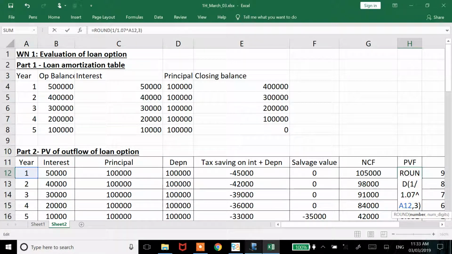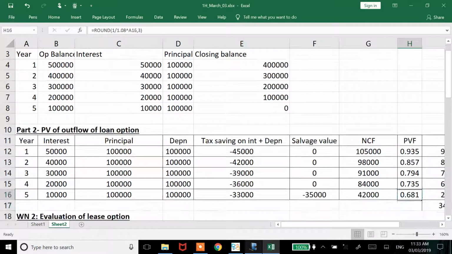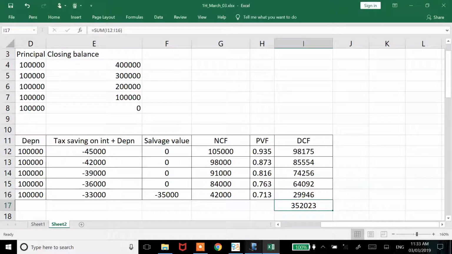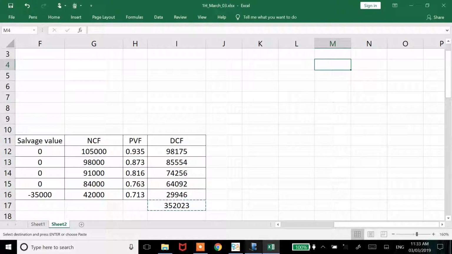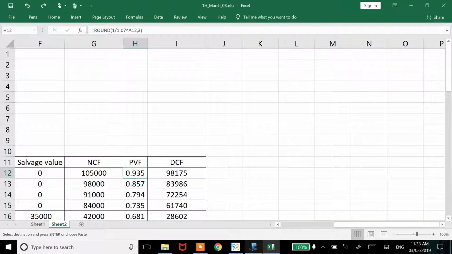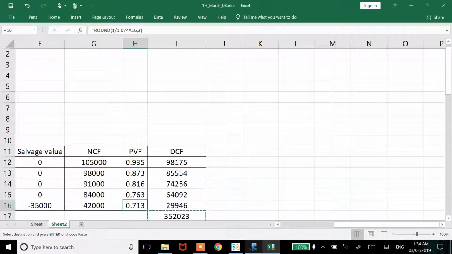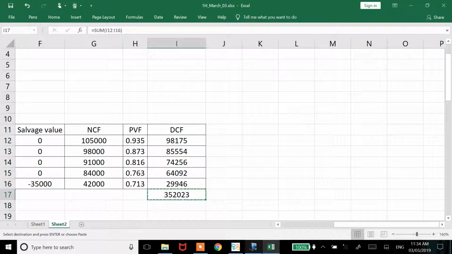Any doubts in this? In the earlier question, I'm just taking the numbers and doing it at 7%. If I do at 7%, the answer comes out to be 352,023.